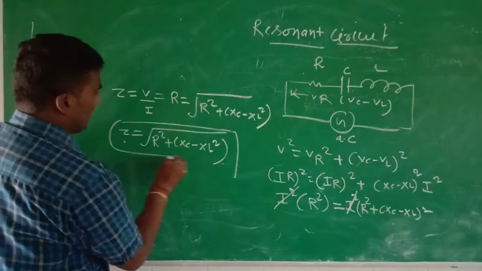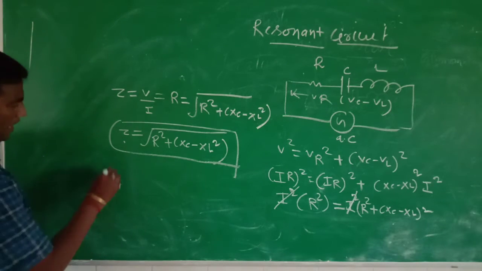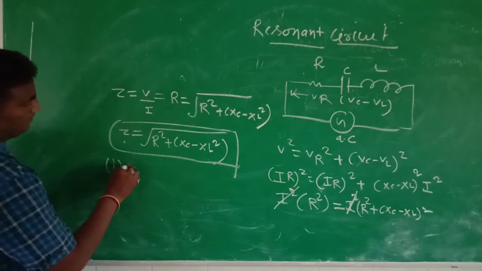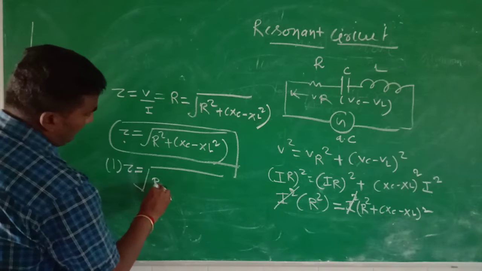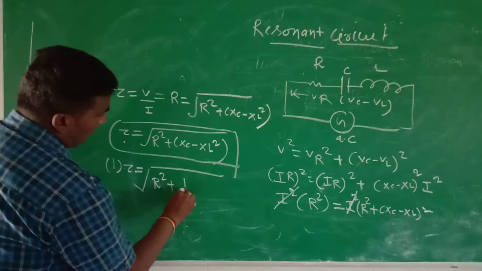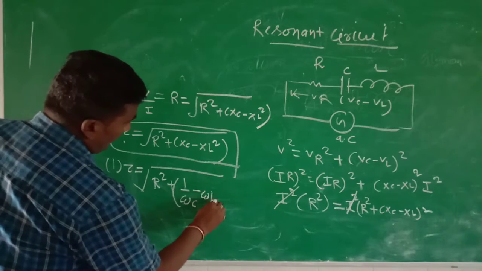That was the mathematical relation for the impedance in the resonant circuit, and we identify the value of impedance in terms of angular frequency: root of R square plus (1 by omega C minus omega L) square.